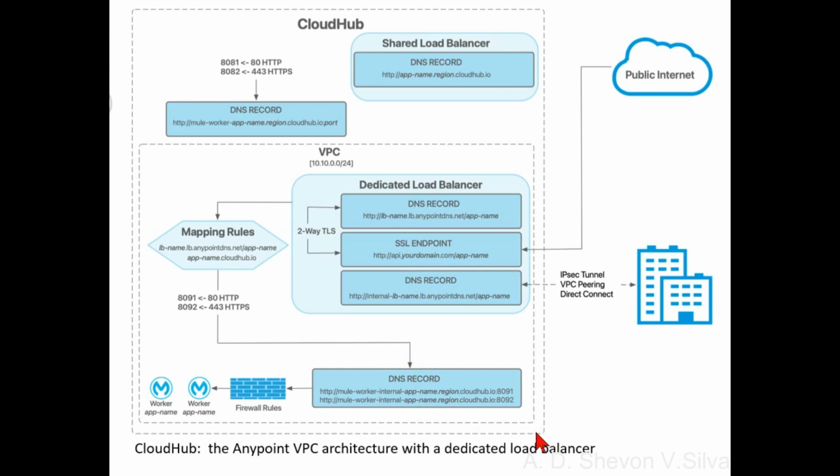Each dedicated load balancer has a DNS record, lb-name.lb.anypointdns.net, or, for the EU control plane, lb-name.lb-prod.eu.rt.anypointdns.net.